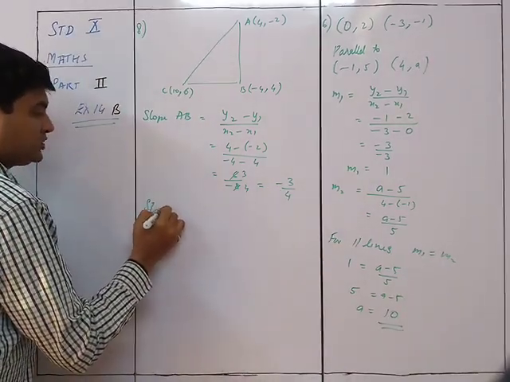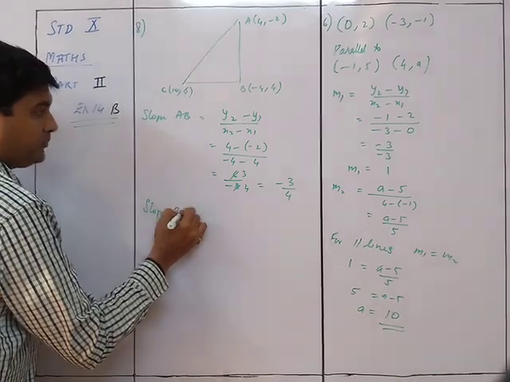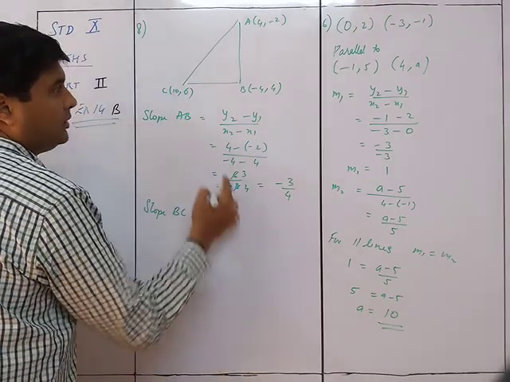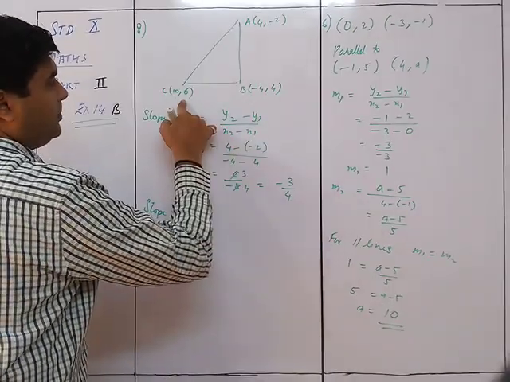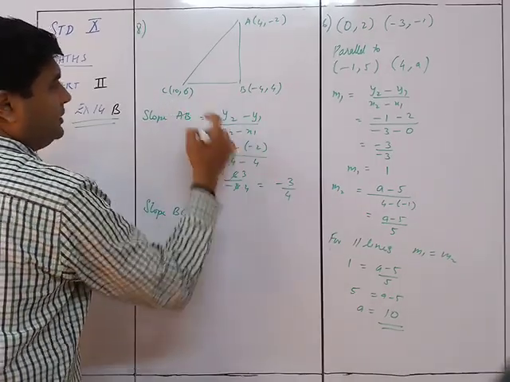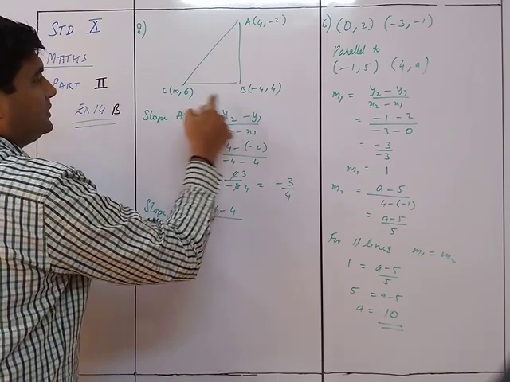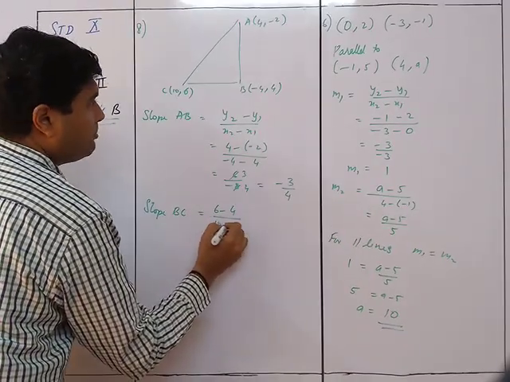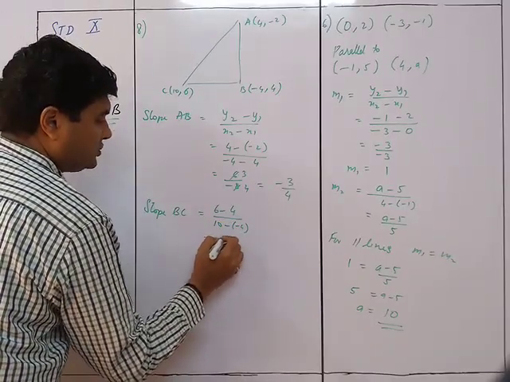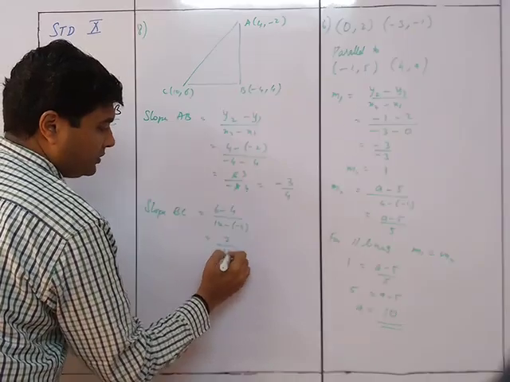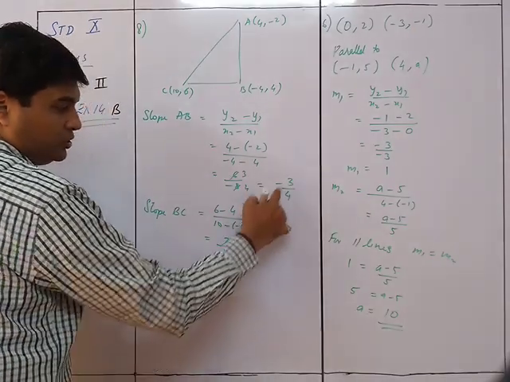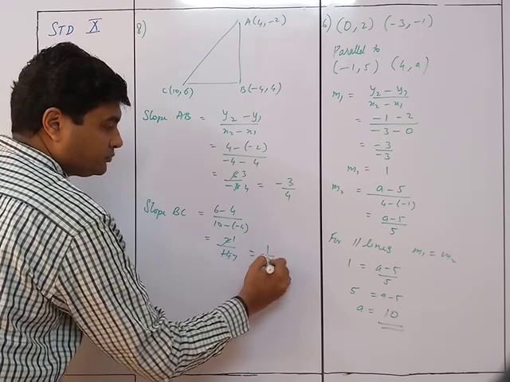The next one is slope BC. That will be 6 minus 4 upon 10 minus of minus 4, which is 2 upon 14. That is 1 upon 7. So no connection at all.